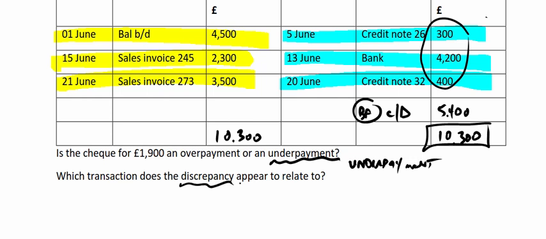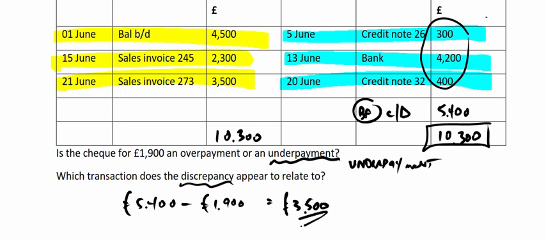And the best way to identify the discrepancy is to look at the difference between what they should have paid us, which is the £5,400 that their sales ledger account would have suggested. Take the difference between that figure and what they did pay us. Now I get the difference coming to £3,500. That's the amount they've underpaid us.